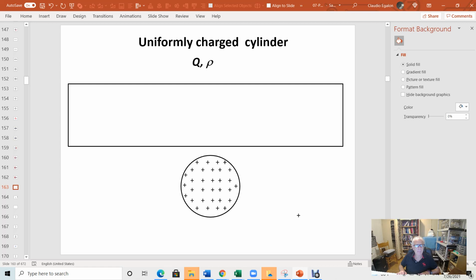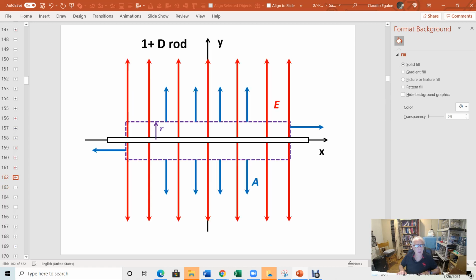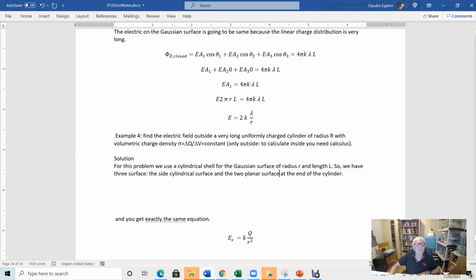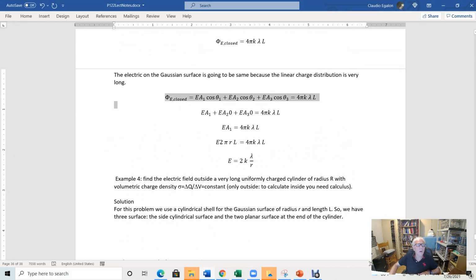But now consider that this guy has a radius r. We get this surface. We go step by step just like we found before.